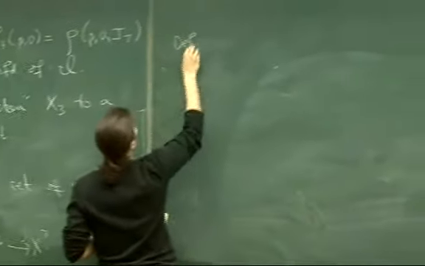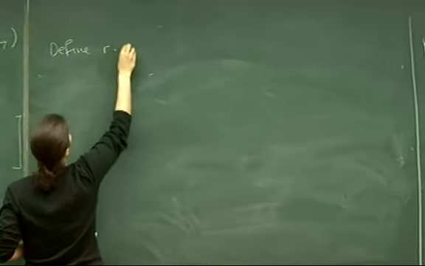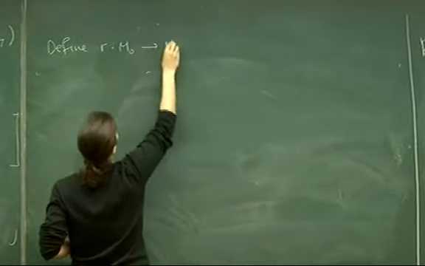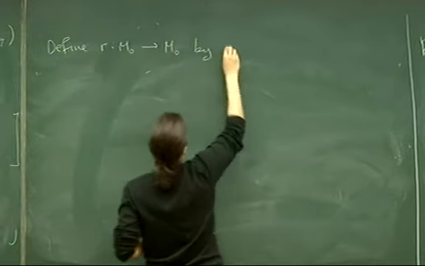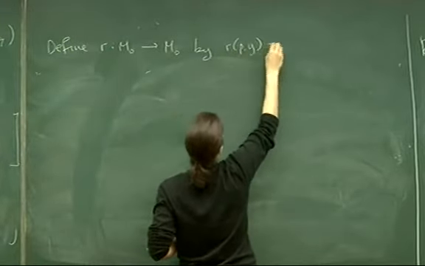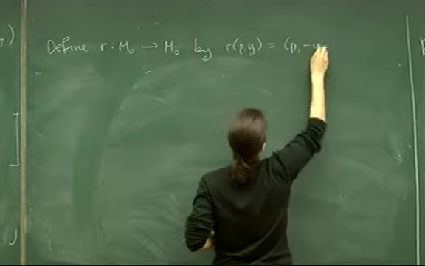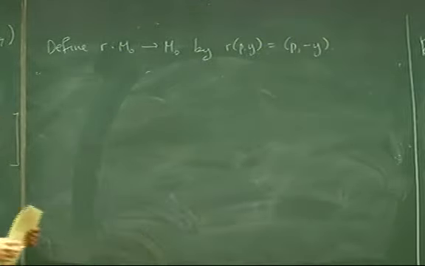We will define R on M naught to M naught by R of P, Y is P, minus Y. Okay. Now it's easy to see that this is a G2 involution.